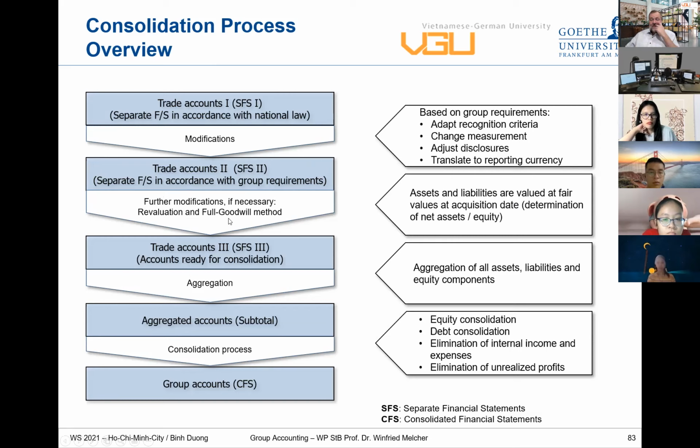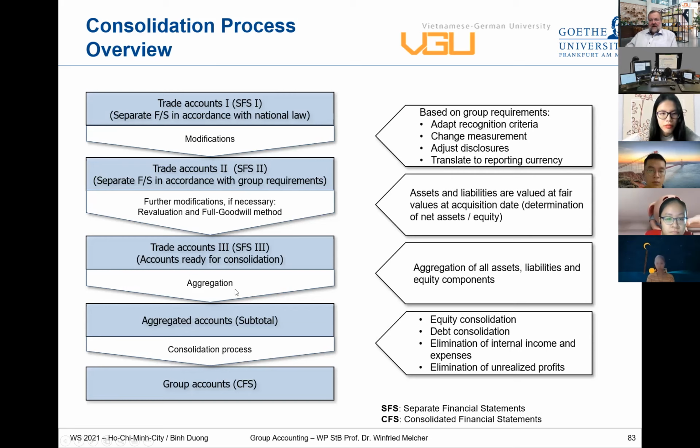We have to calculate the goodwill in this case, using that revaluation method. So modifications 1 plus modifications 2 will lead us to the trade accounts number 3. We would call that level of single financial statements with the Roman number 3. So these are the accounts ready for consolidation, or ready for the sum up to this, what was it, a summary column.